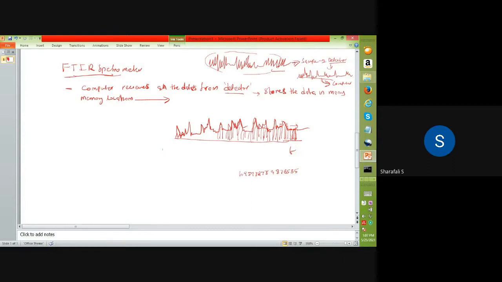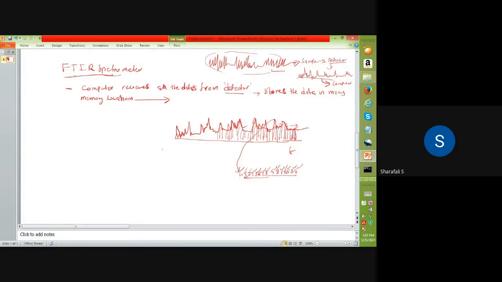So these are the currents produced at different time intervals, time in seconds. The detector will be detecting in a very short interval of time. So this is 9, this is 10. All this time the current will be produced, and the magnitude of current will be different with respect to that intensity.